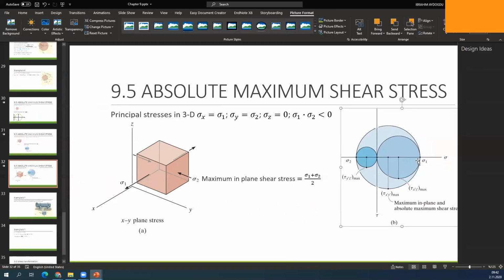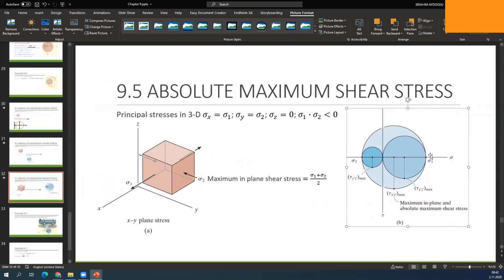In this case, you can see the size of the big Mohr circle changes. It is not sigma 1 over 2, it is sigma 1 plus sigma 2 divided by 2.